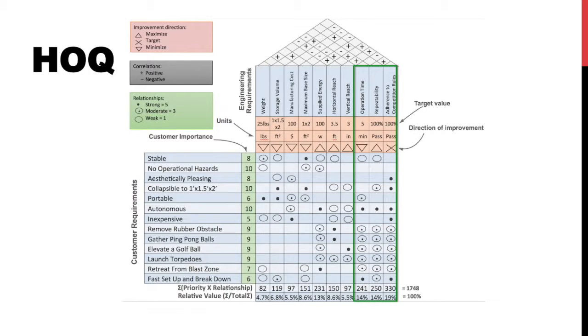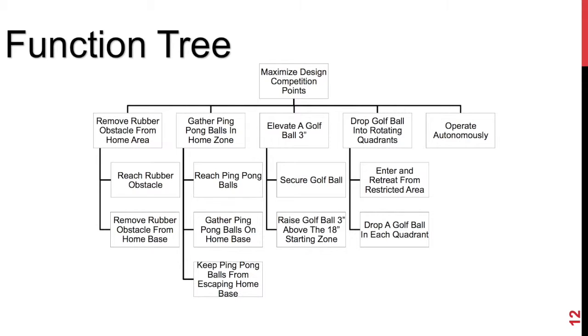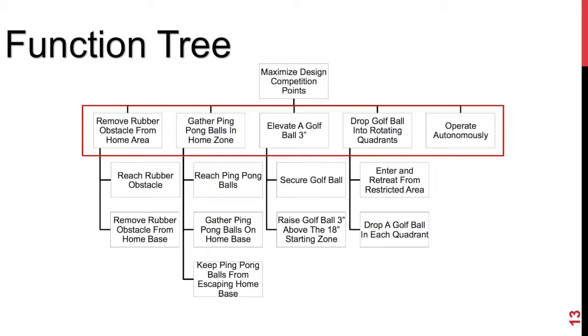We as a team found that the 3 most important engineering requirements to ensure the success of our design were the operation time, the repeatability, and the adherence to the competition rules. If we kept these 3 in mind while designing our device, we were sure to meet the majority of the customer requirements successfully and thus end up with a successful device.